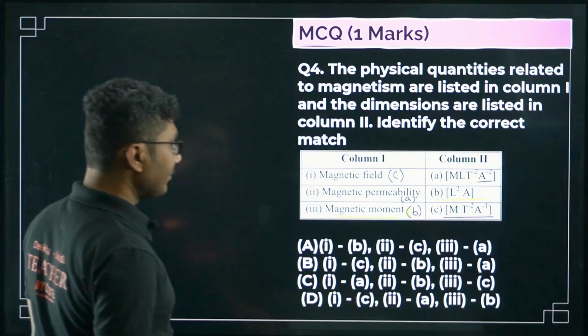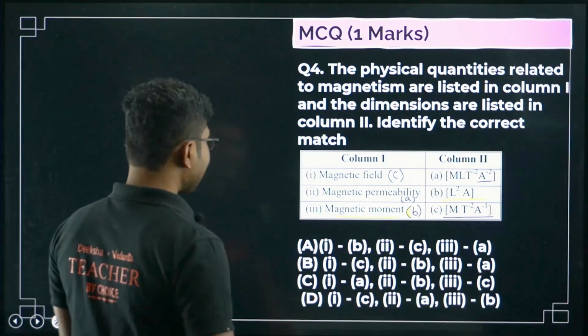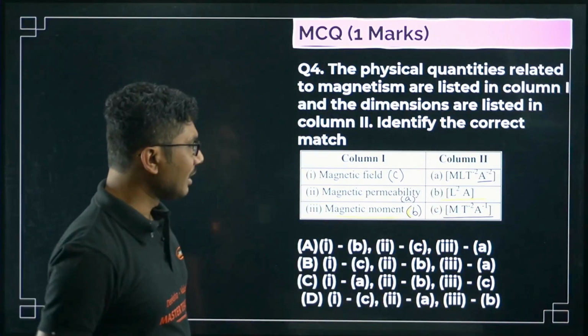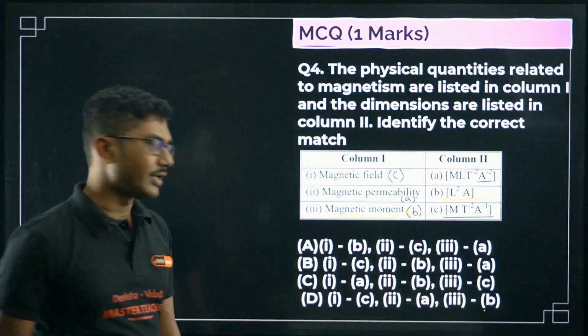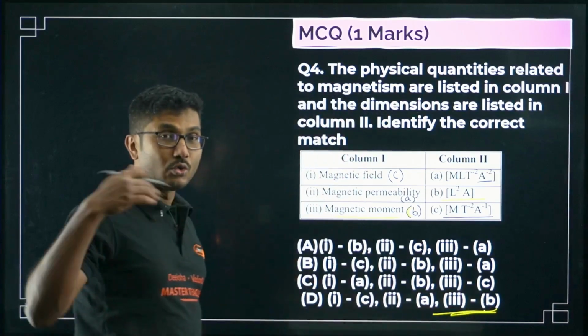Now if you see, only that is also a trick. In this case we said that magnetic moment is matching with B, so only one option in this given case is actually matching with 3. So 3B is the correct match. As we know, this is our known matching.